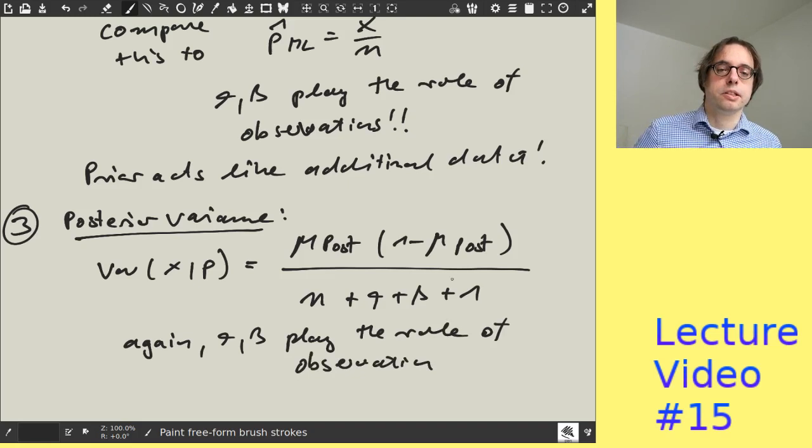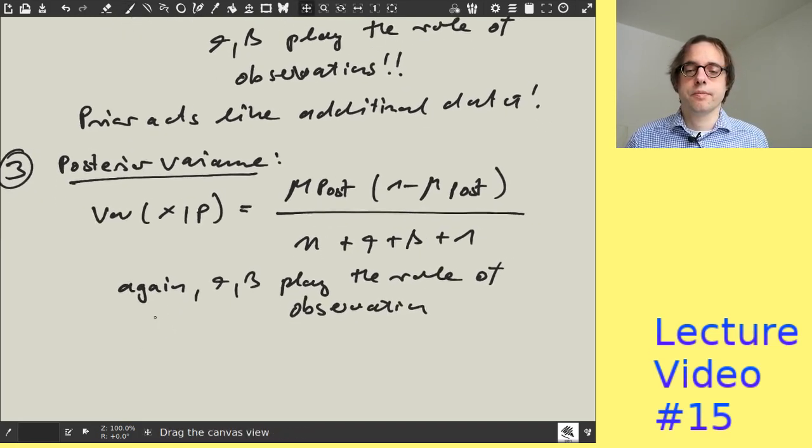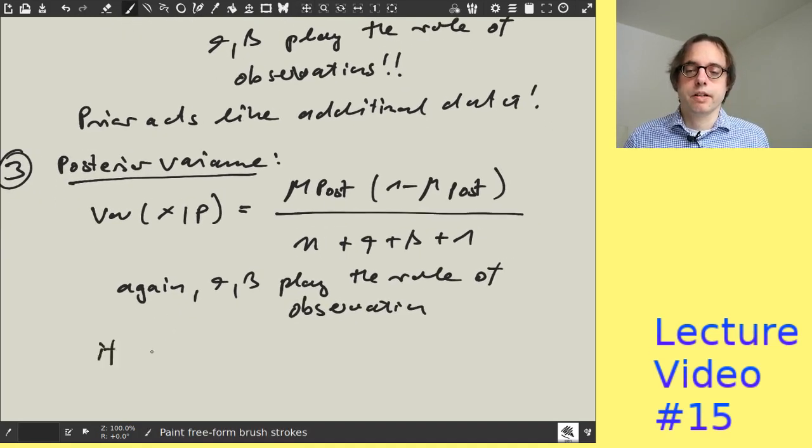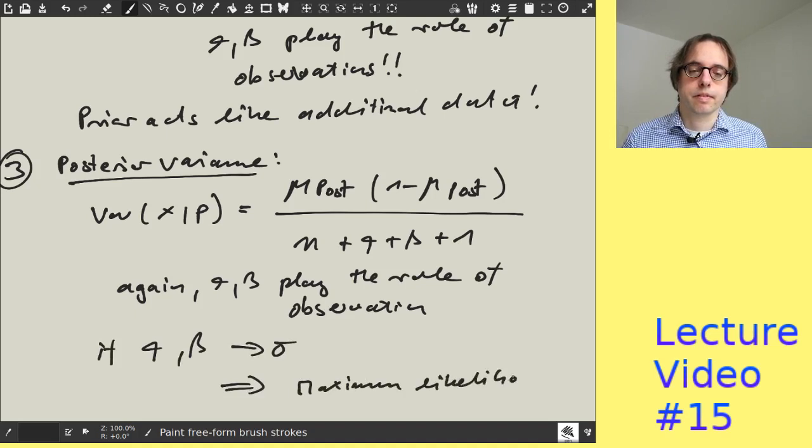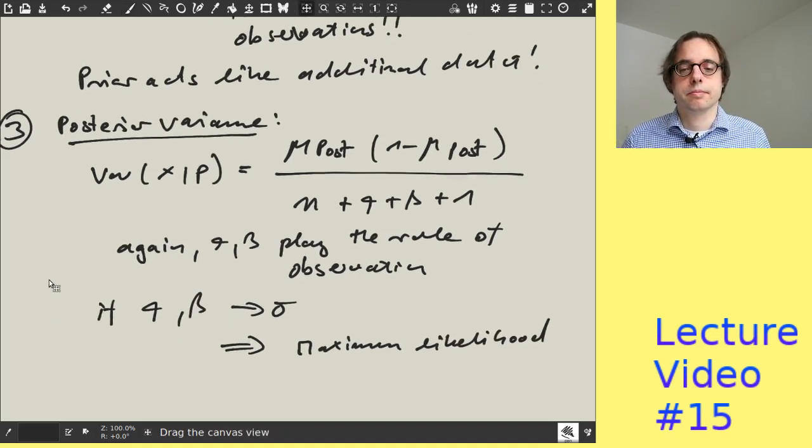And most notably, if alpha and beta go to 0, then we get back maximum likelihood. So the ML estimate is contained in the Bayes estimate.